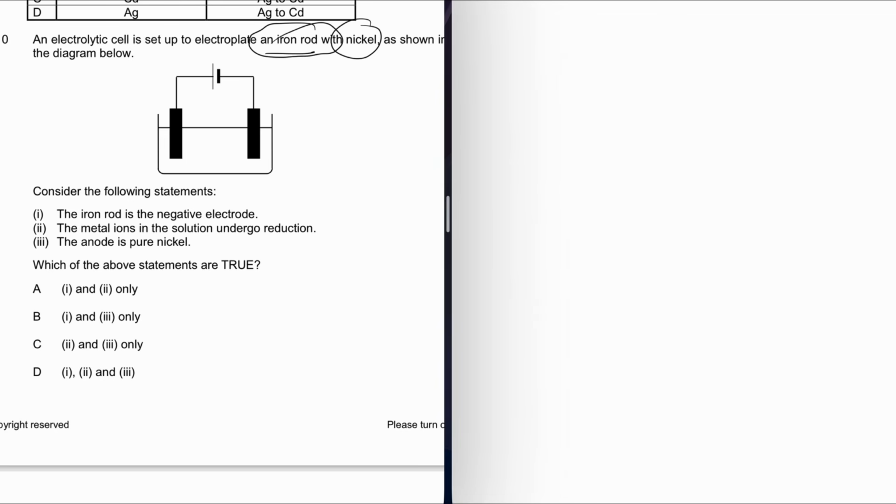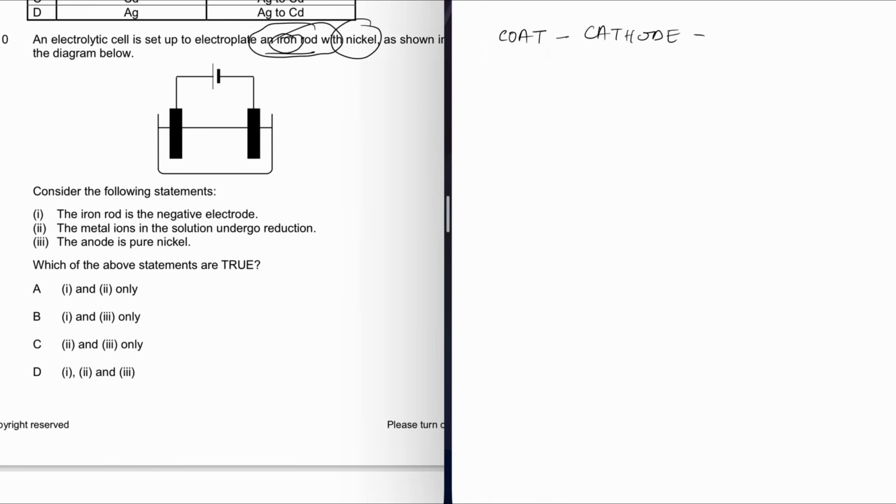So whenever you are electroplating, there's a few important things to remember. The thing that you want to coat, so the thing that is going to be coated, you are coating the cathode. So whatever it is that you are coating, that's going to be at the cathode. So we are coating an iron rod with nickel.